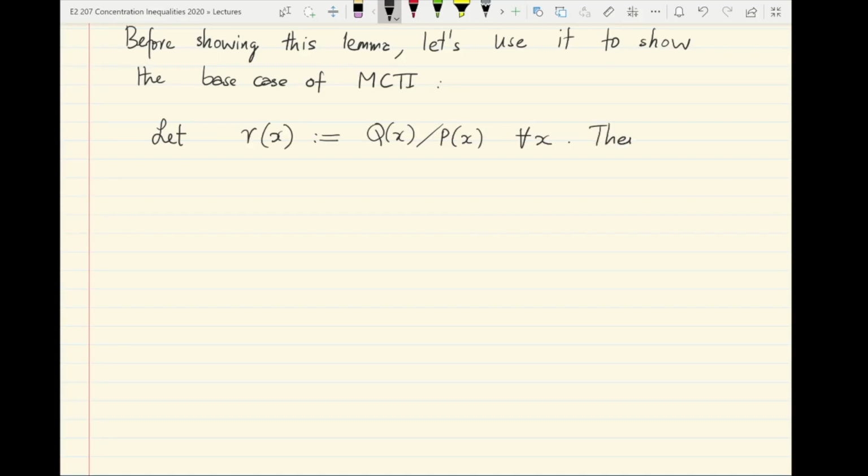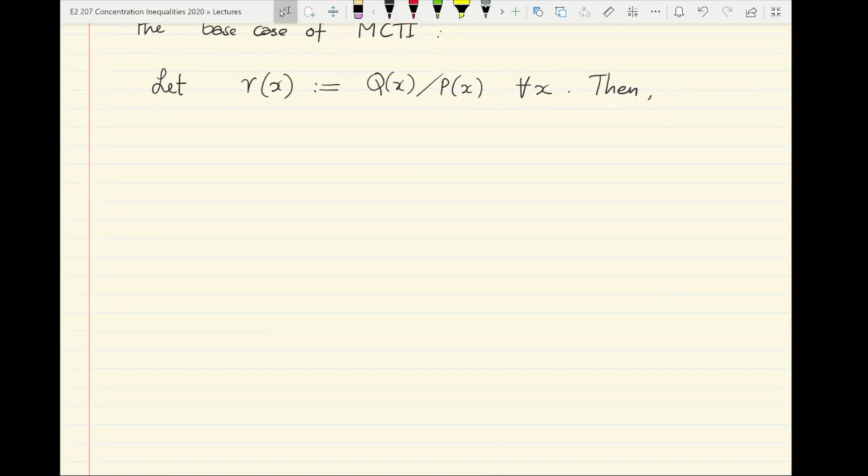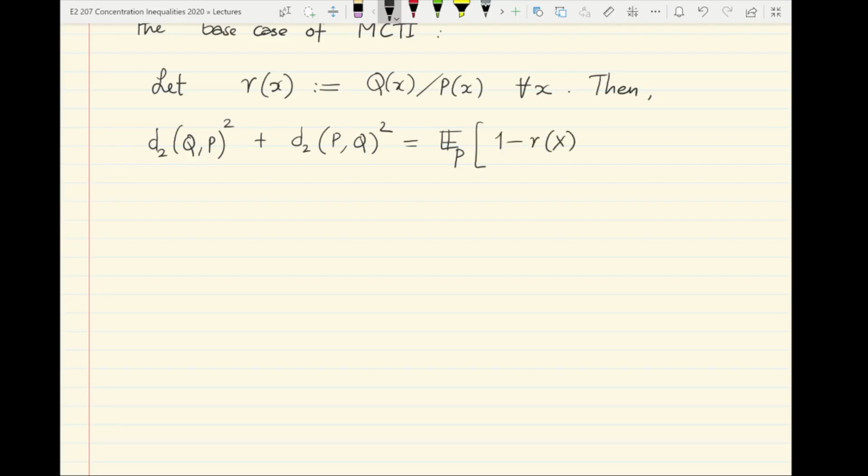Then we can write this equality that says that d2(q,p)^2 plus d2(p,q)^2 is nothing but the expected value under the p measure of this quantity, (1 minus r(x))_+^2 plus (r(x) minus 1)_+^2 divided by r(x). This is easy to check.